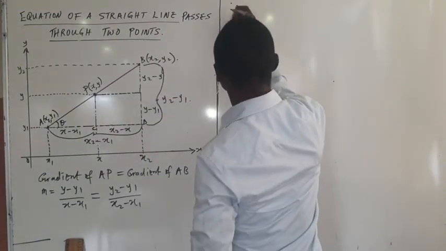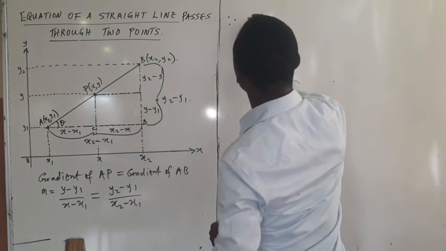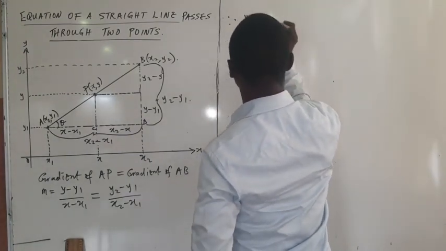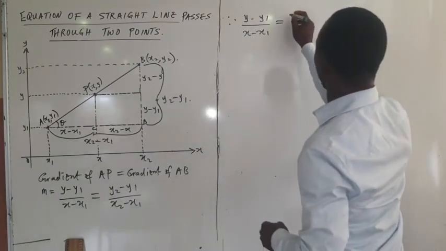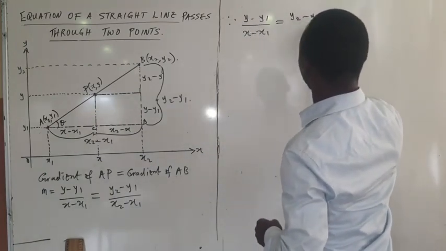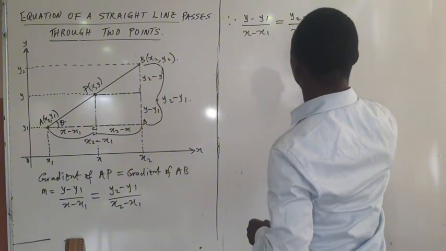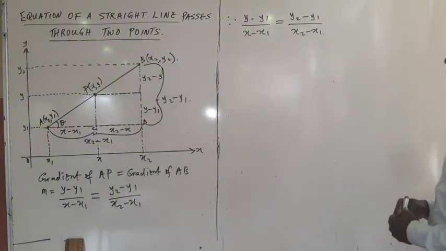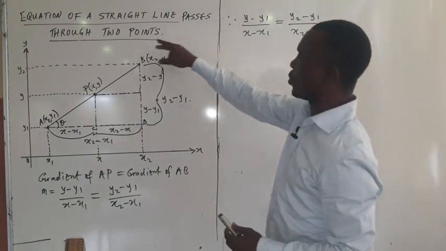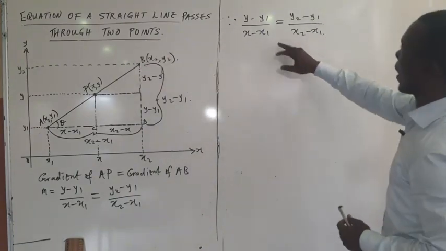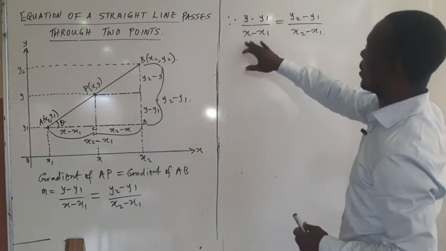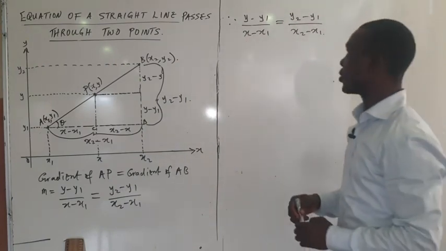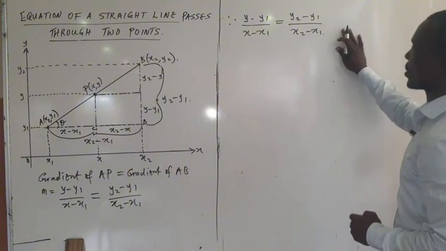So we have y minus y1 all over x minus x1 equals y2 minus y1 all over x2 minus x1. So the equation of the line that passes through 2 points is given as y minus y1 all over x minus x1 equals y2 minus y1 all over x2 minus x1.